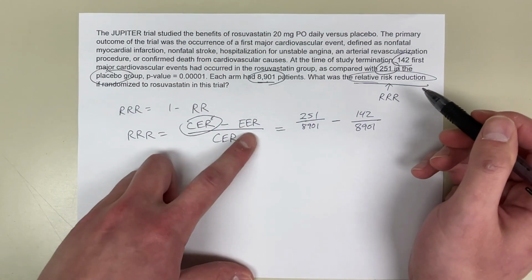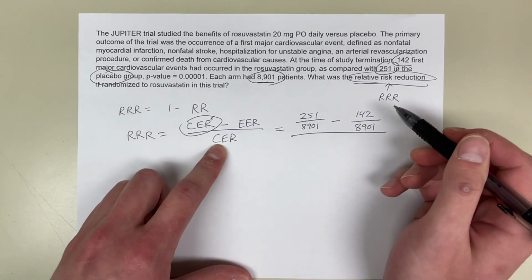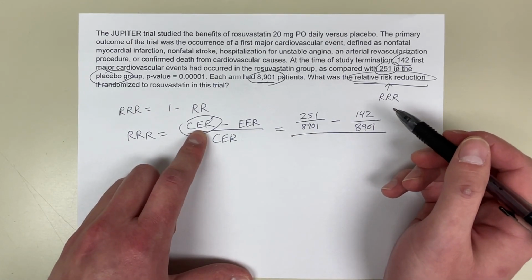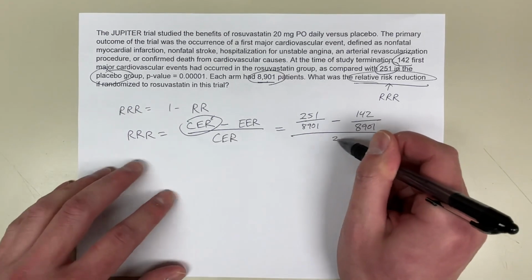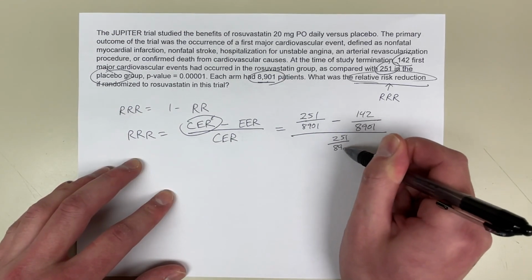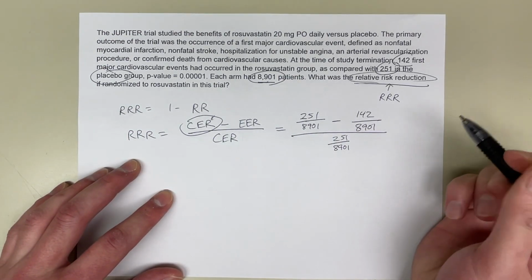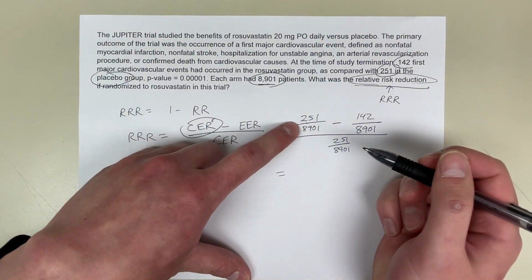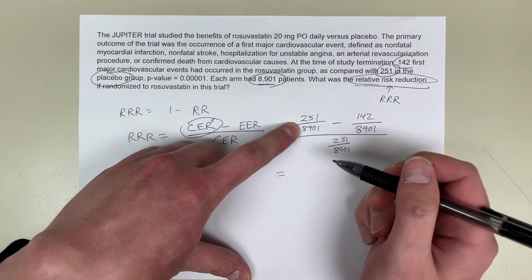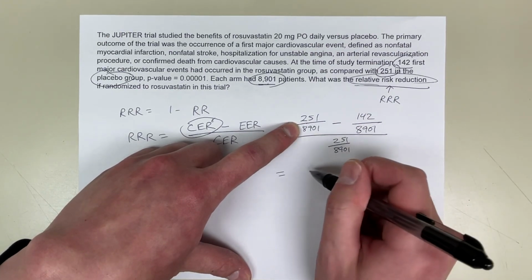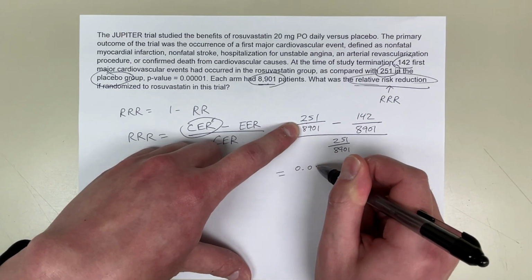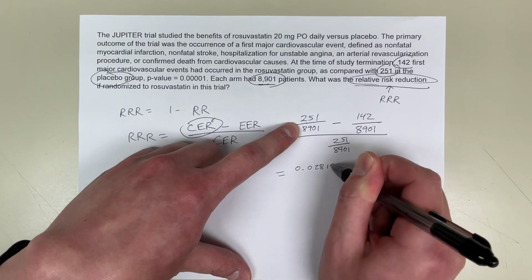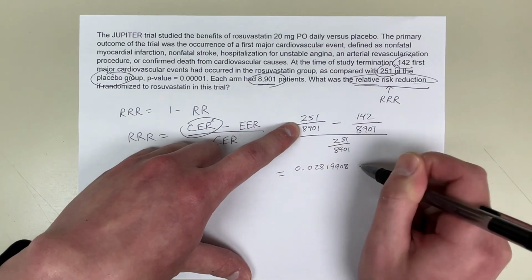And then divide this all by, again, the same proportion, the control event rate, 251 over 8901. With a very basic calculator, you have to calculate this first. 251 over 8901 equals 0.028199908.